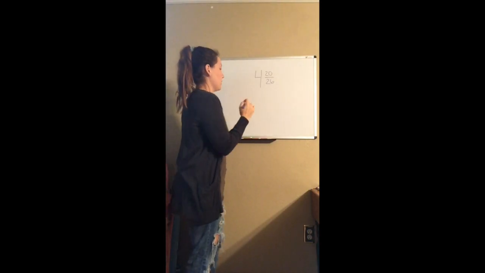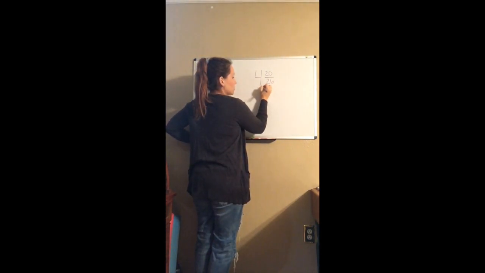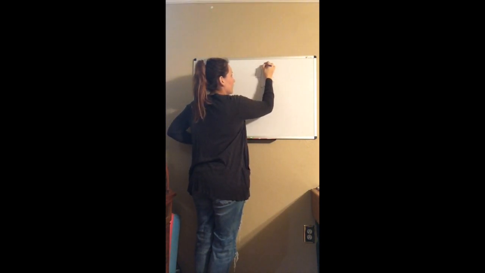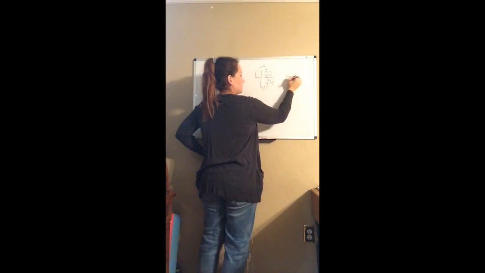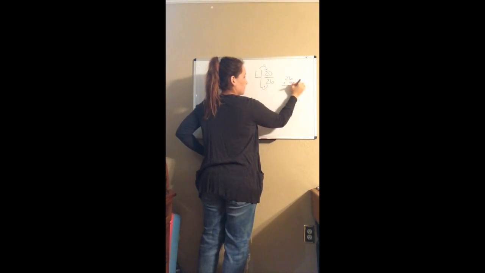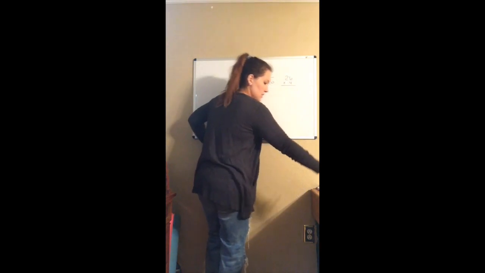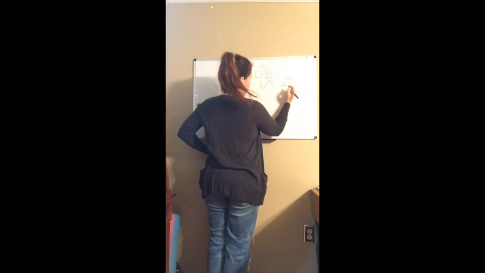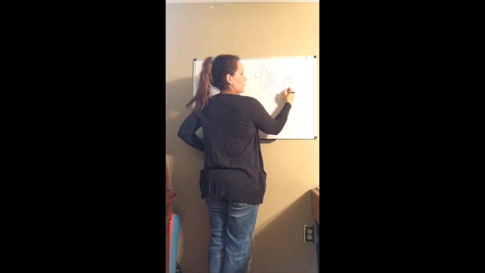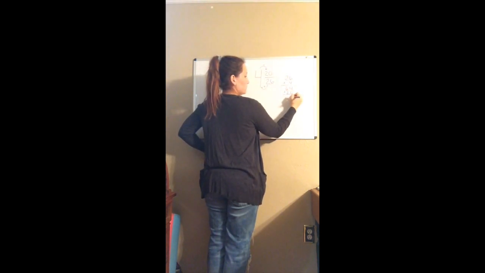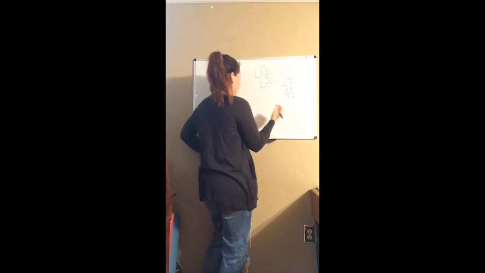We're going to do the same thing we did earlier. So multiply and add. So 26 times 4 should give us 104. And then we add it to our numerator. So plus 20 gives us 124.